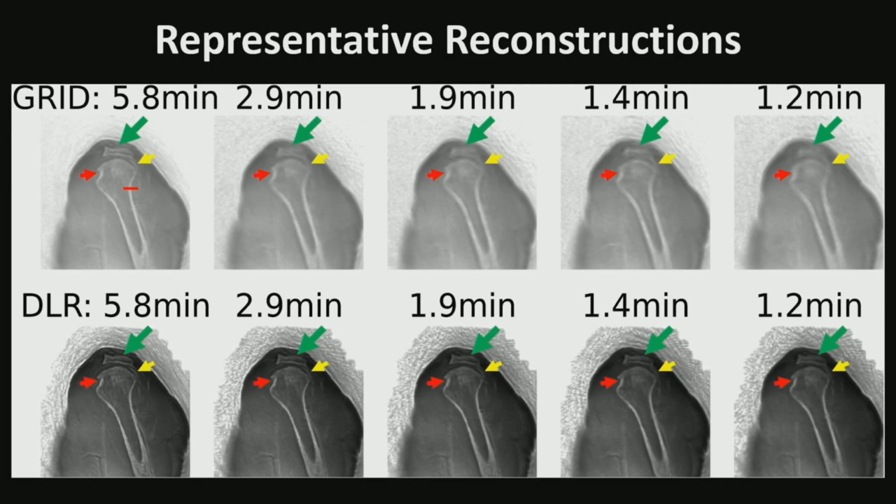This is an example of other images where the arrow points to anatomical detail that is blurred out on the top row with gridding reconstruction, but relatively maintained at the bottom with deep learning reconstruction. To quantify image quality in terms of resolution and sharpness, we draw a line profile on the cortical bone.